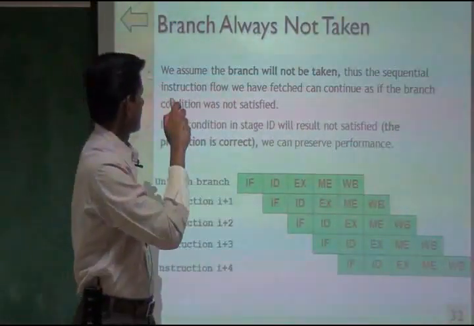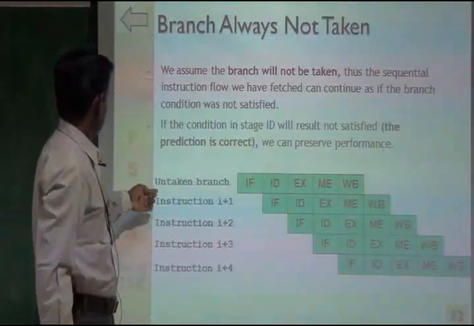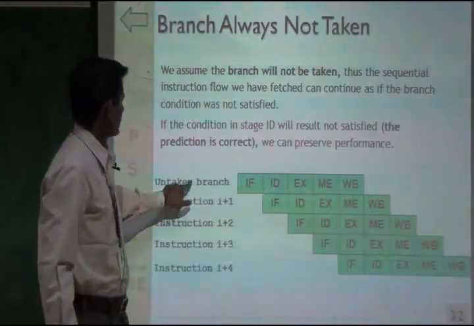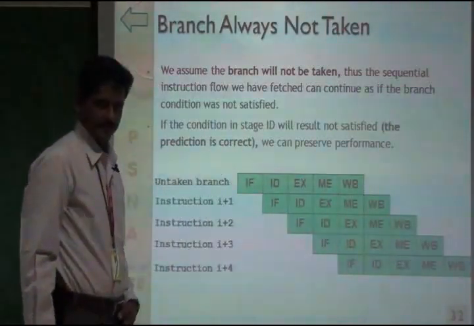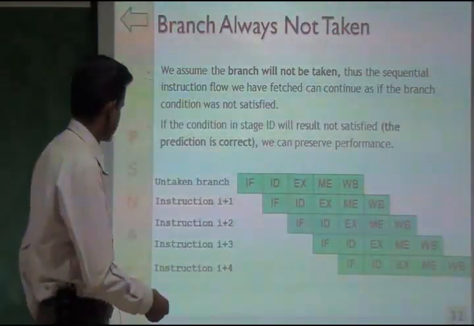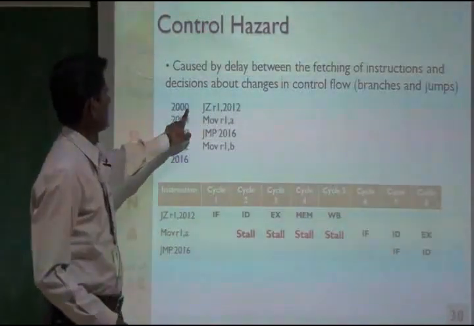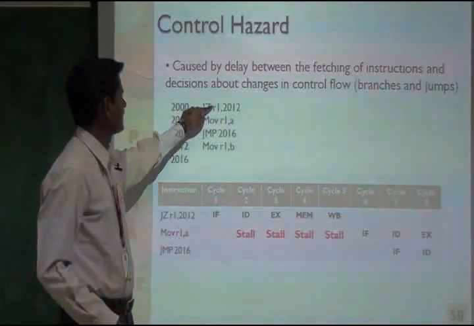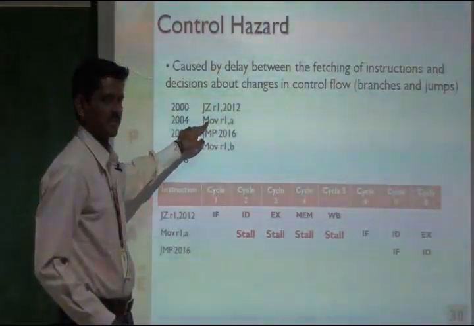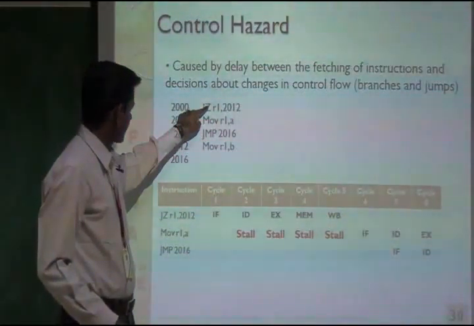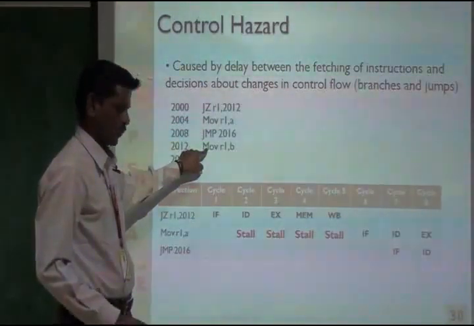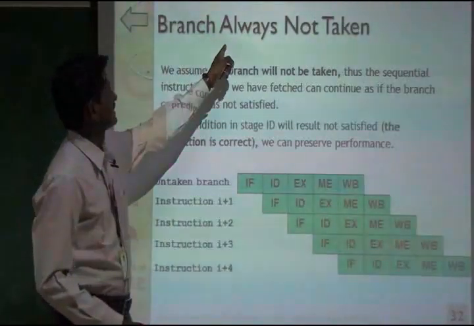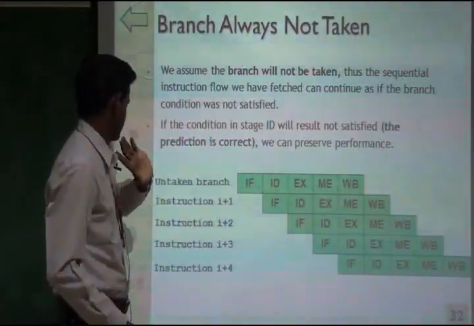So that is branch always not taken. Look at the example, a branch instruction. If the branch is not taken, it is going to execute the second one. If the branch is taken, it is going to execute the fourth one. Okay. So by this, the branch is always not taken.